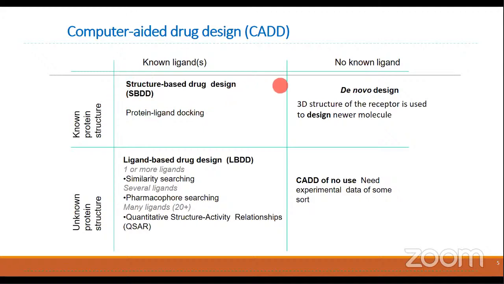In another scenario, no ligand is available, only the protein structure. In that case, we can take it for de novo design.